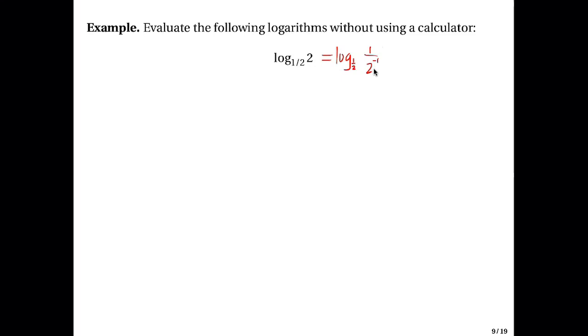This can be rewritten as the quantity 1/2 raised to negative 1. So this is now equal to log of 1/2 raised to negative 1 base 1/2, which means this is simply negative 1.